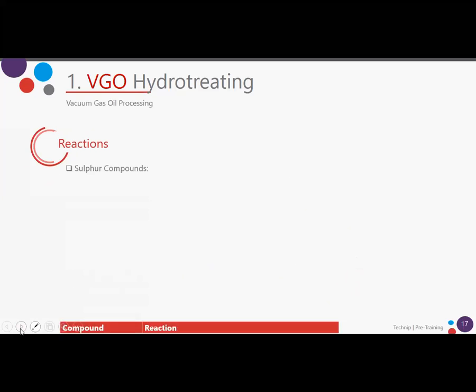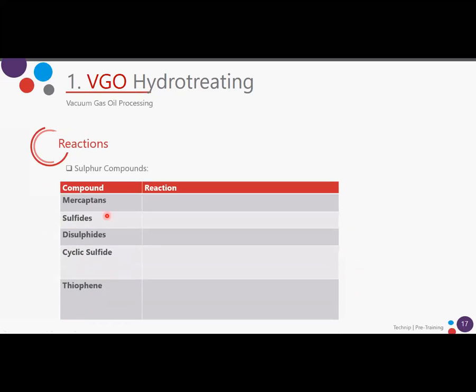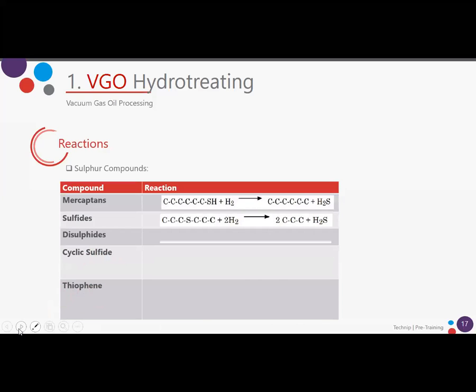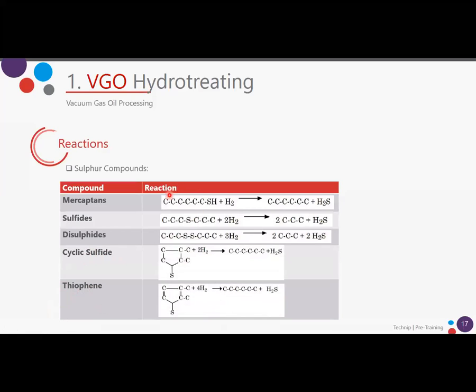So for the sulfur compounds, what kind of sulfurs can we find? Mainly mercaptans, sulfides, and disulfides, but we can also have some cyclic sulfide and some thiophenes. So the reactions are the following. You will react the mercaptan.